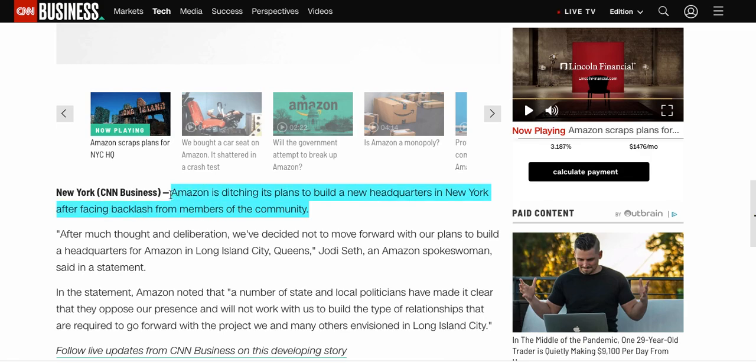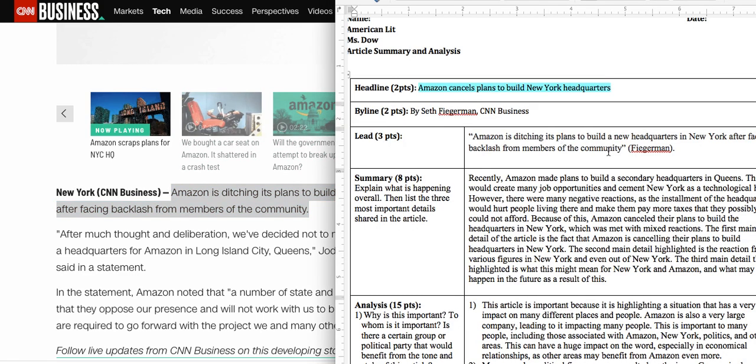And the lead tells you the basic who, what, when, where, why, right? Amazon, who, is ditching its plans, what, when, like now, to build headquarters in New York City. Why? Facing backlash from members of the community. That's your lead.